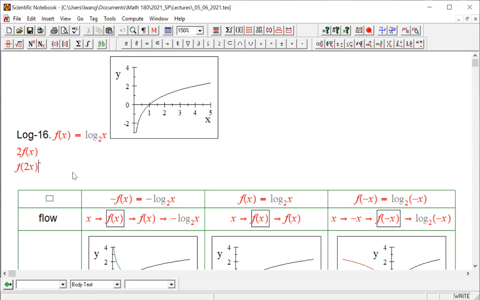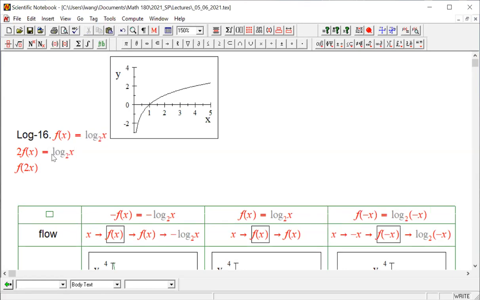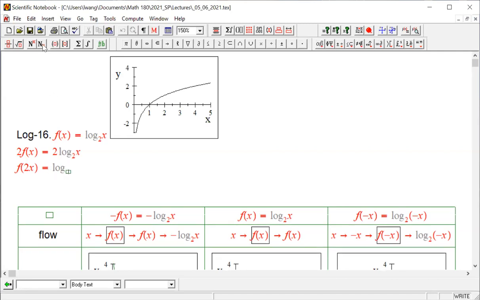What's the difference? One is f of x, which is log base 2 of x, and we multiply by 2. And the other one is log base 2 of 2x.